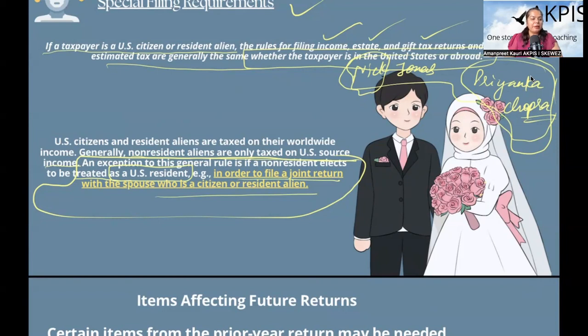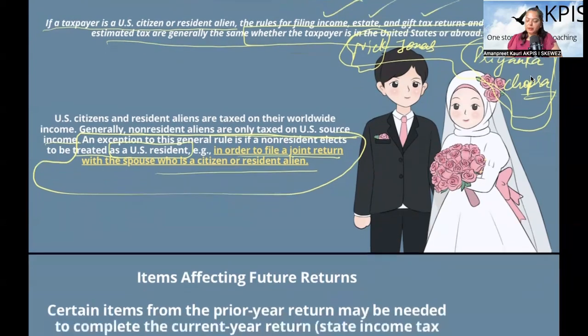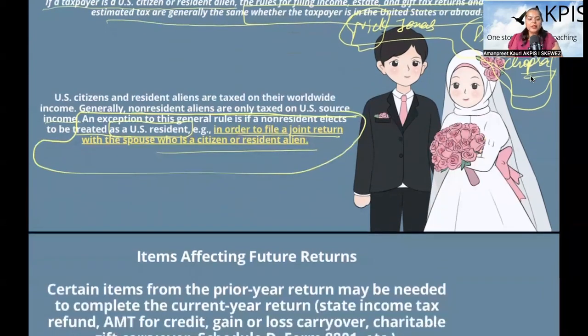See, as far as the double taxation avoidance agreements are concerned, the relief and all, we are not talking about the bilateral agreements between the two countries and all that. But let me give you a brief idea about that. There are certain double taxation avoidance agreements, DTAA, between various countries.